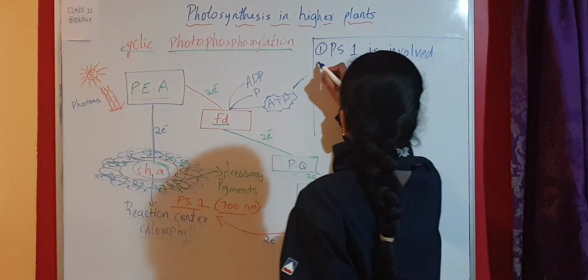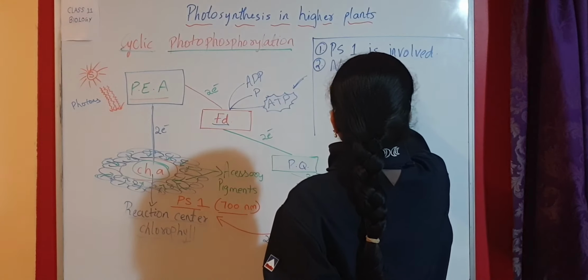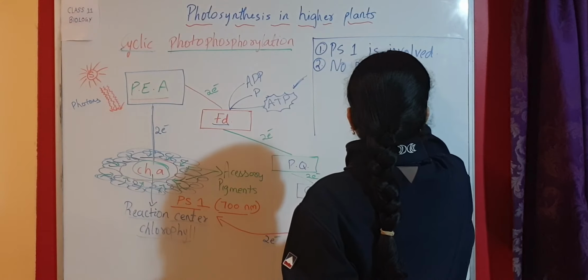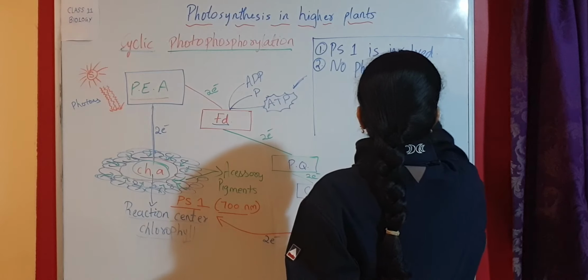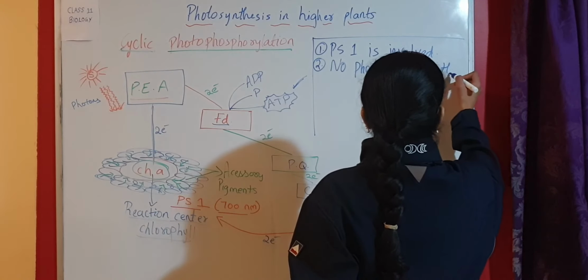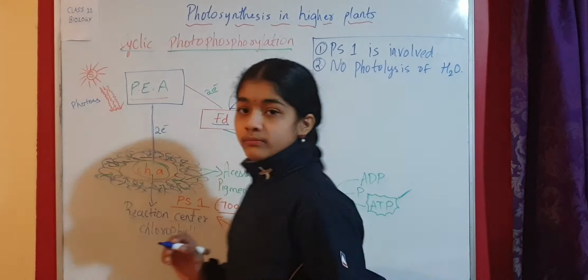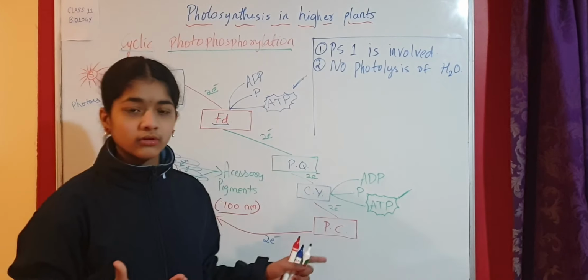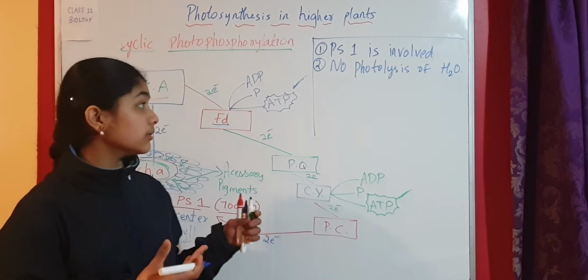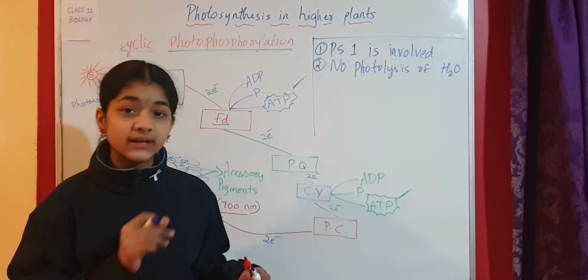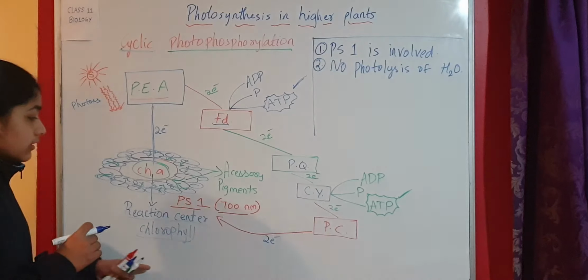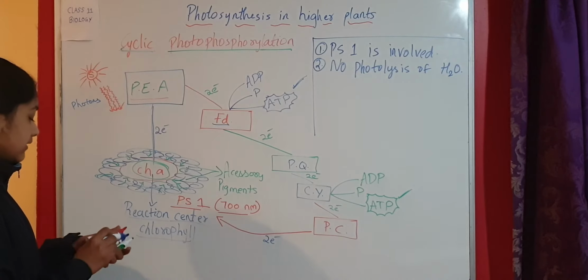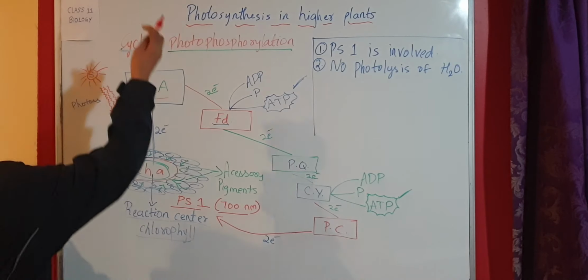The next thing, there is no photolysis of water. If you remember, we learned about photolysis in the previous video. Photolysis is the splitting of water. Let me write that equation again here for you.